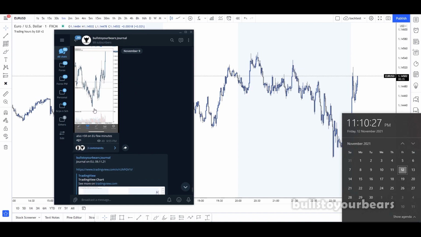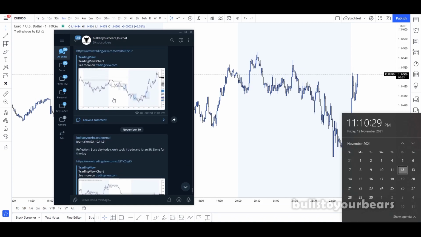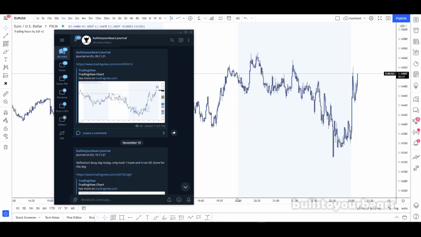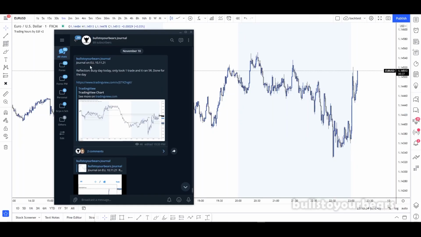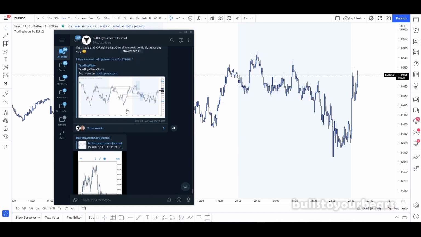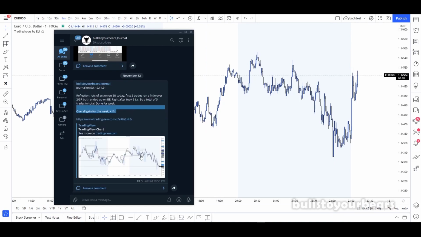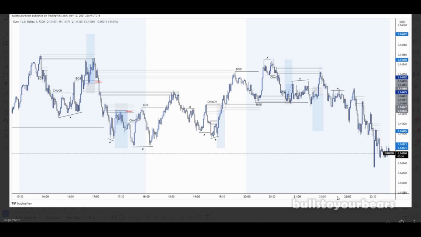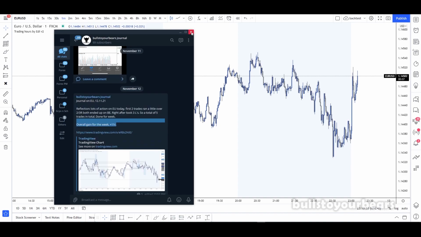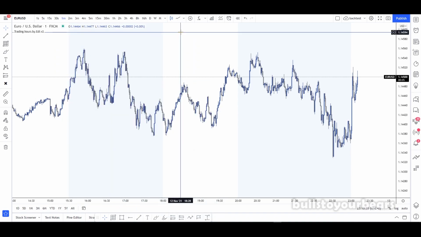I plus 5 hour with the screenshot, and then this is my daily analysis, and here you can see the day after, the 10th of November, the whole daily analysis with the trades I take. Today I took 3 losses, which we'll go into a little bit later. But overall it's plus 11. All of it is inside this journal if you want to see, so be sure to follow, link in description.